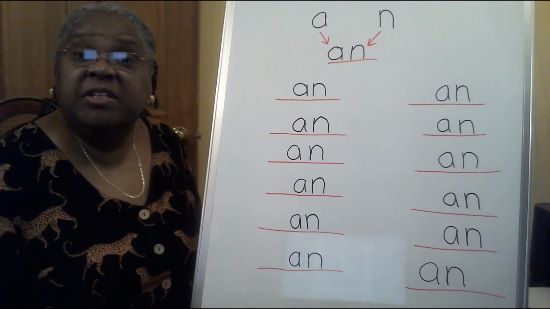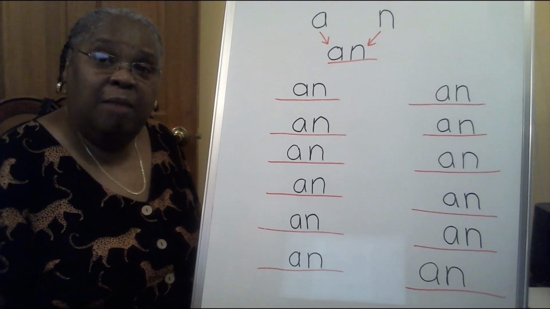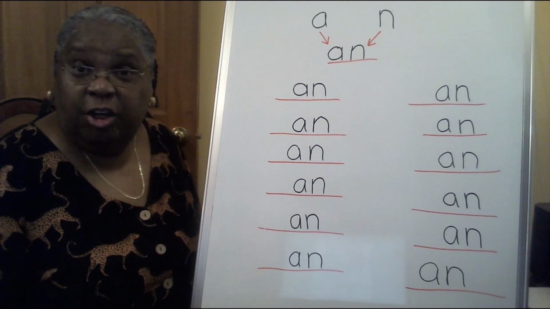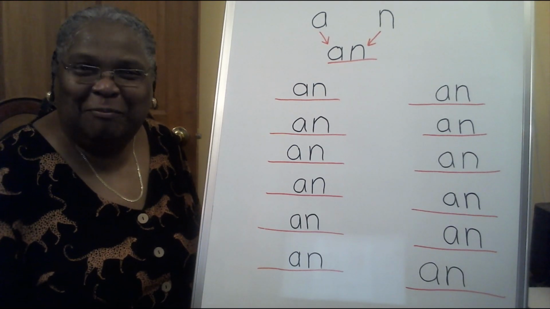When words have the same ending sound, they are called rhyming words. When we read rhyming words, reading words from memory becomes easier, making us a faster and more confident reader.